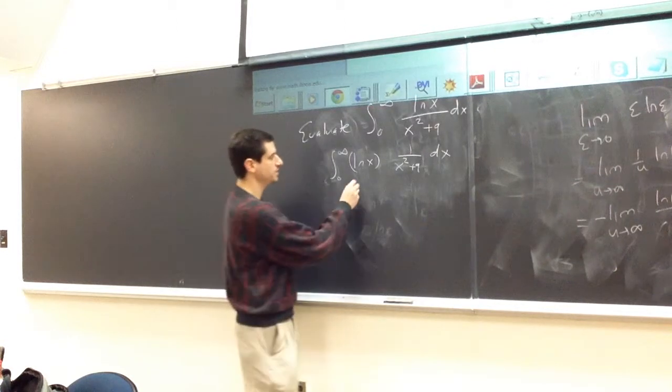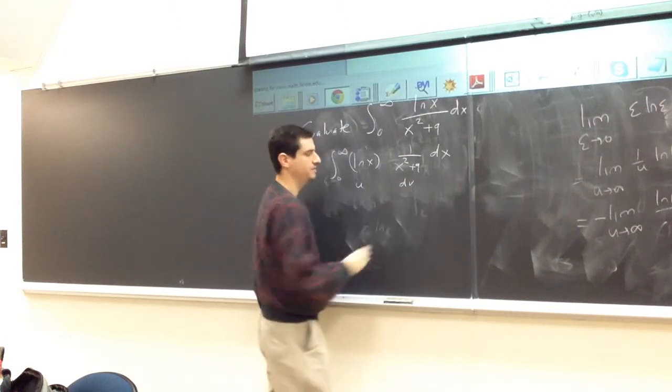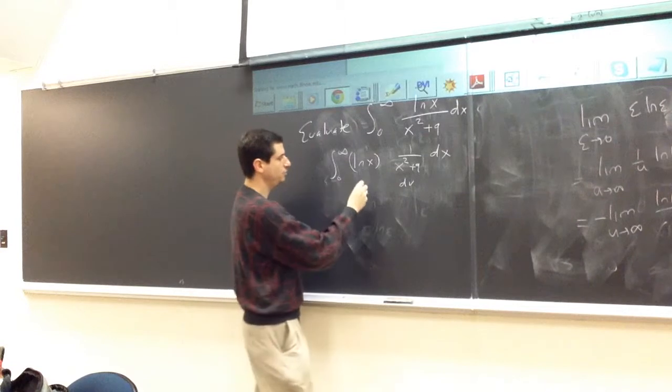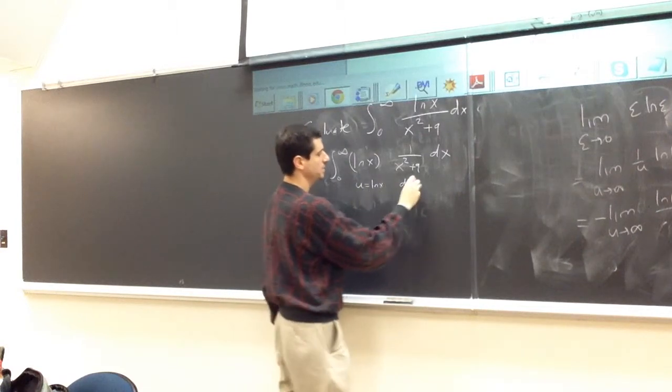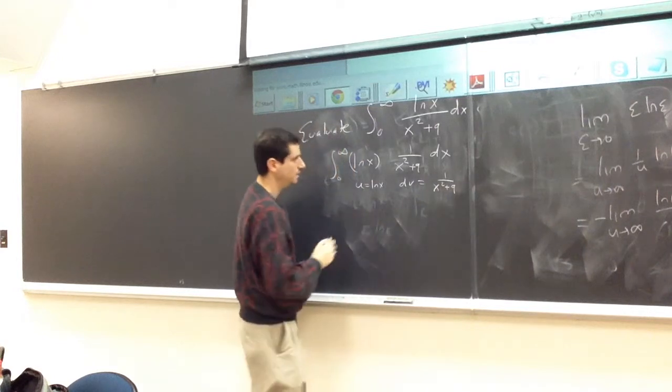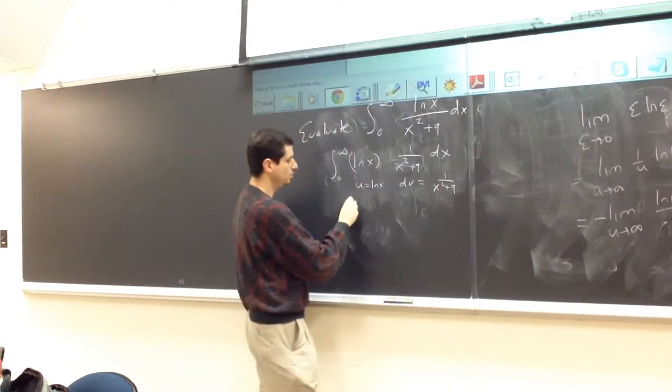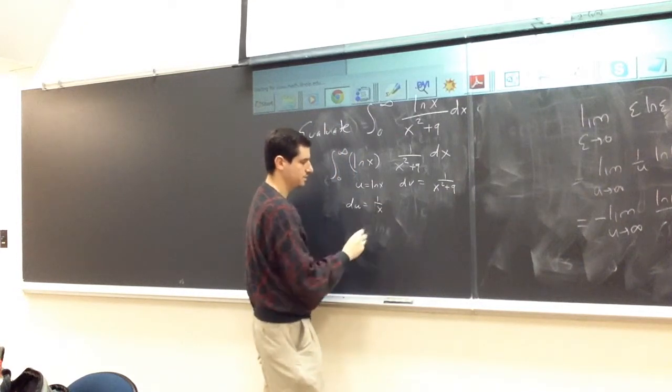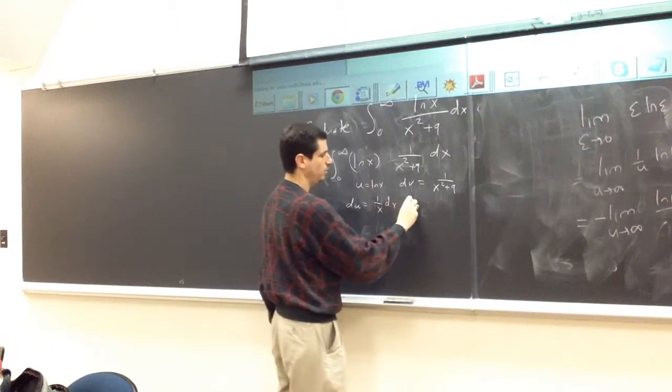So now when we have something like this, here's u, here's dv. If we have u equals ln of x, and dv is 1 over x squared plus 9, then du would be 1 over x dx, and what would v be?